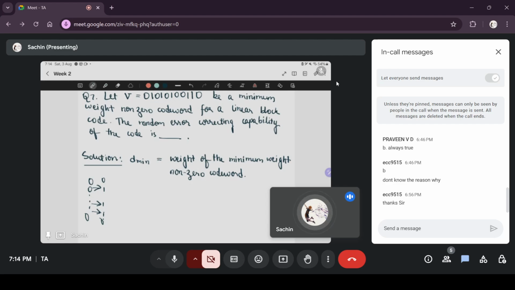How do you guarantee that? If you had some other code word with ones in some other places, how do you know that the distance between these two code words won't be less than the Hamming weight of this? That you'll have to prove it yourself.